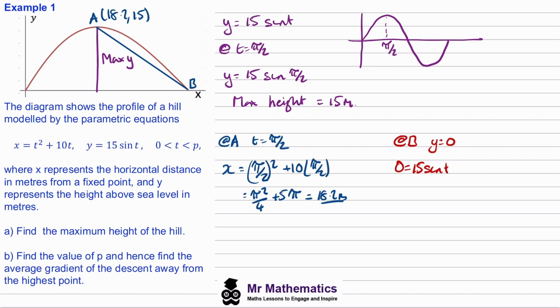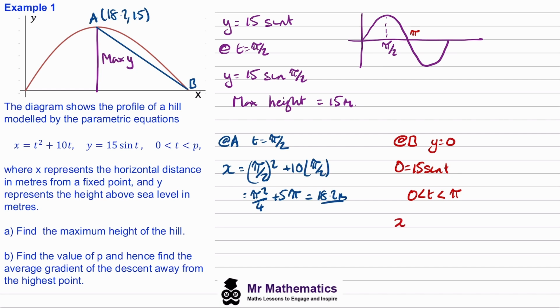This is at this point, and this point. But we're not looking at the negative half, we're only looking at this positive half. We know when t is 0, we'll be at the start of a hill. So when t is pi, we'll be at this point B. So the values of t range from 0 to pi radians.